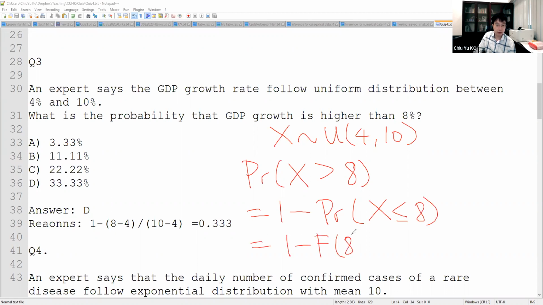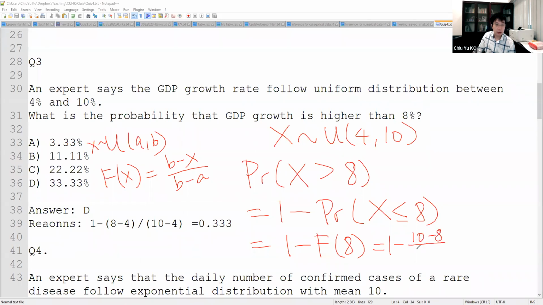F of A. Okay, and for uniform, right, you know that if uniform A to B, F of X will be X minus A over B minus A. Okay, so that's why it's 8 minus 4 over 10 minus 4, okay?